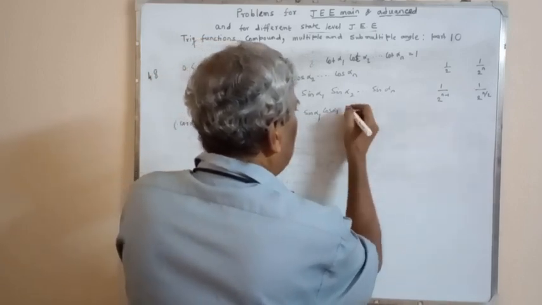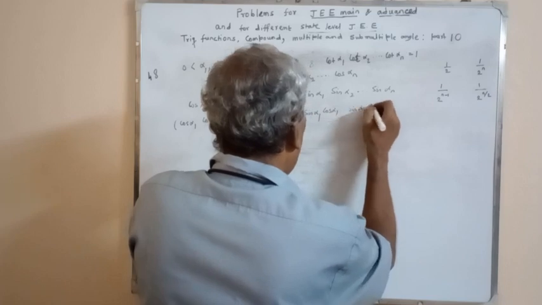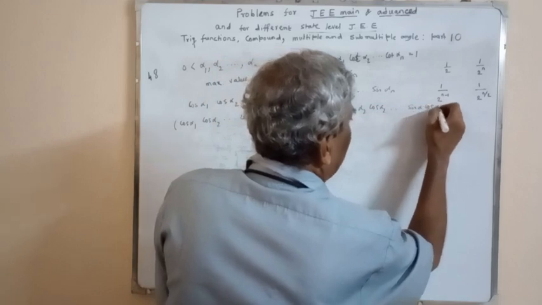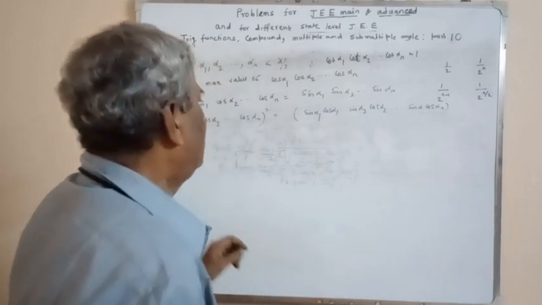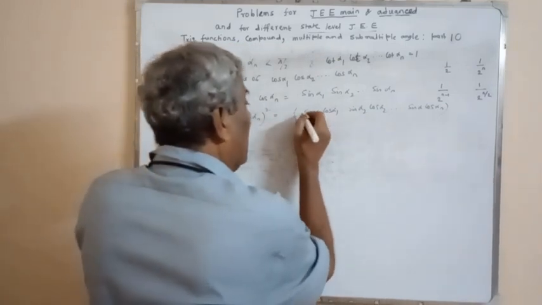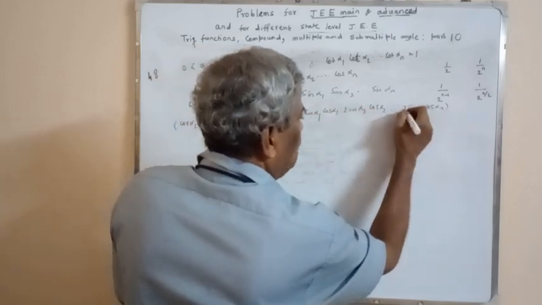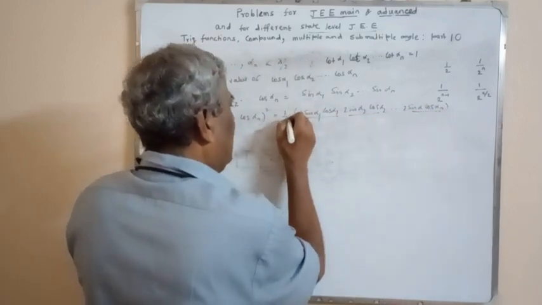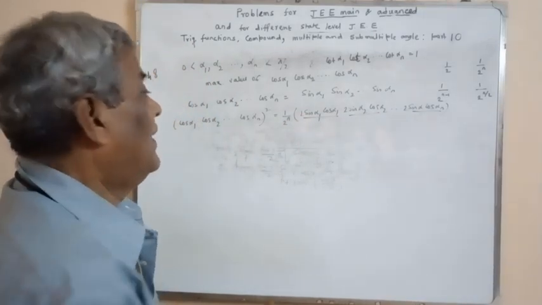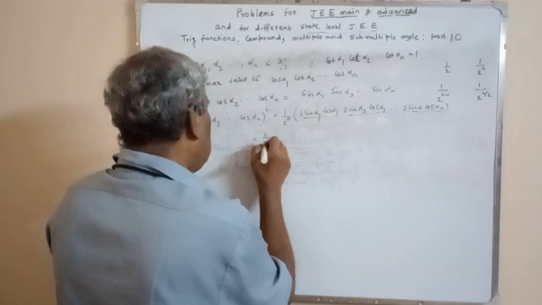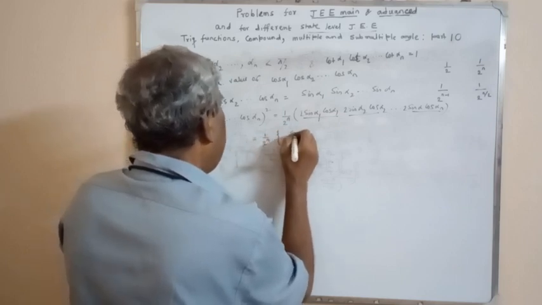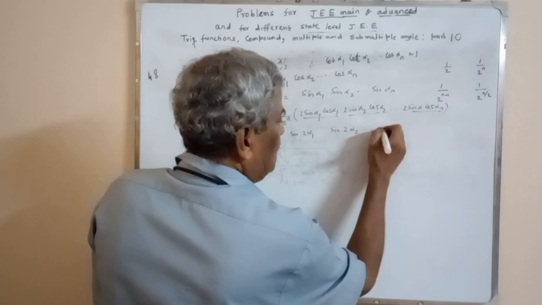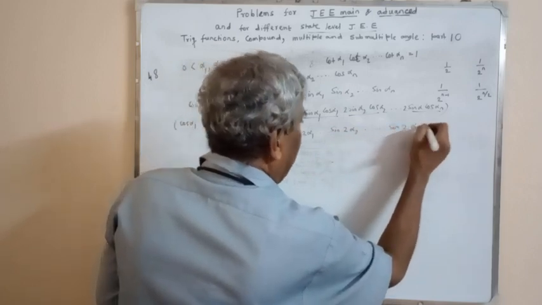Then sine alpha 2 into cos alpha 2 up to sine alpha n cos alpha n. Now if you multiply 2 here, 2 there and 2 there, that is 1, 2 up to n factors, so 1 by 2 to the power n. This becomes 1 by 2 to the power n into sine 2 alpha 1 into sine 2 alpha 2 up to sine 2 alpha n.